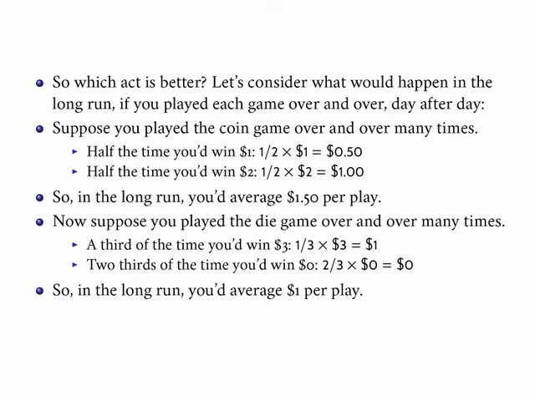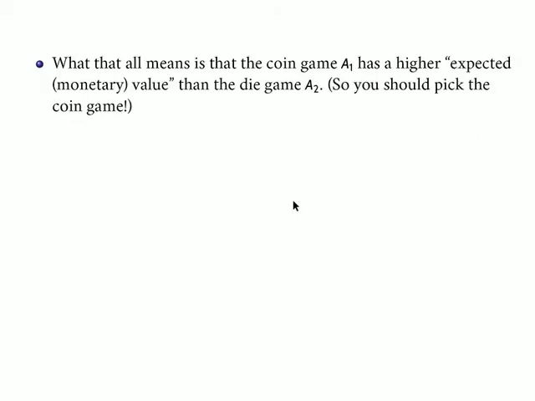And what that suggests to us is that it's actually a better choice to play the coin game even once, because you can expect to win more. The average amount you'd win per game is $1.50 if you played it many, many times. But with the die game, the average amount you win is only $1, which is less than $1.50.